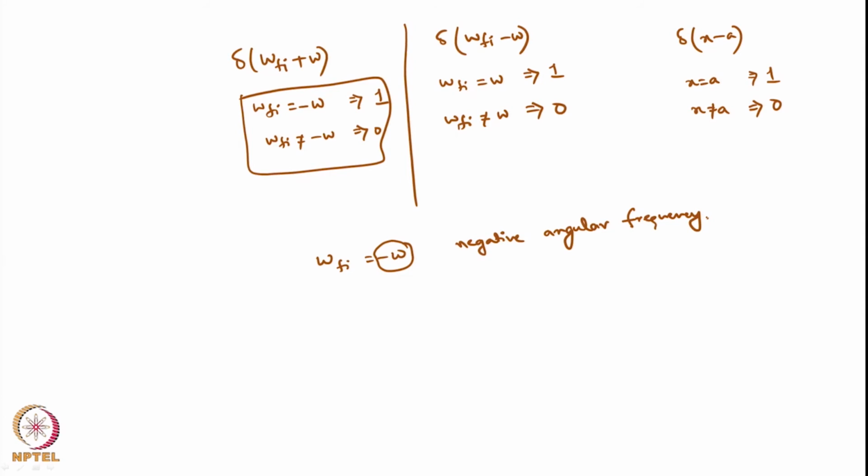When you go from top to bottom, that is E_i to E_f, one can think of the frequency to be positive, and when you go the other way, this will correspond to ω_Fi and this will correspond to −ω_Fi.